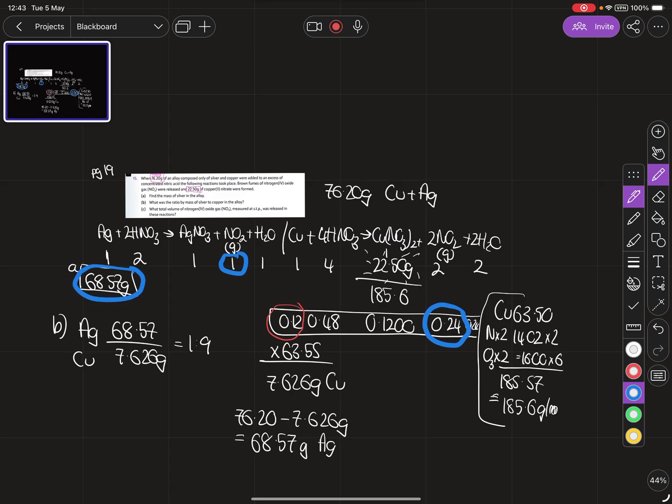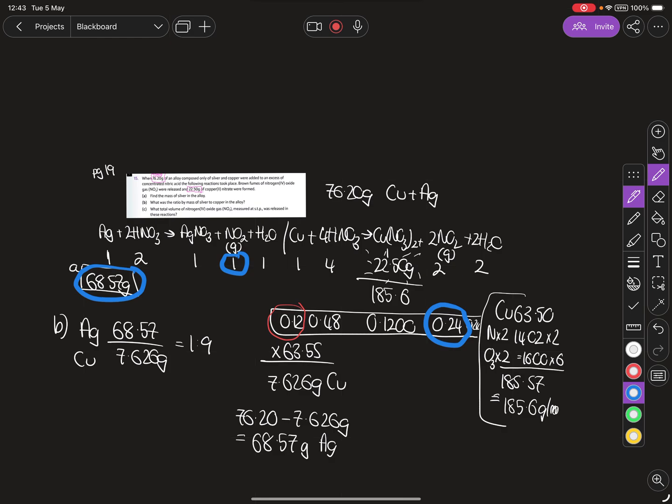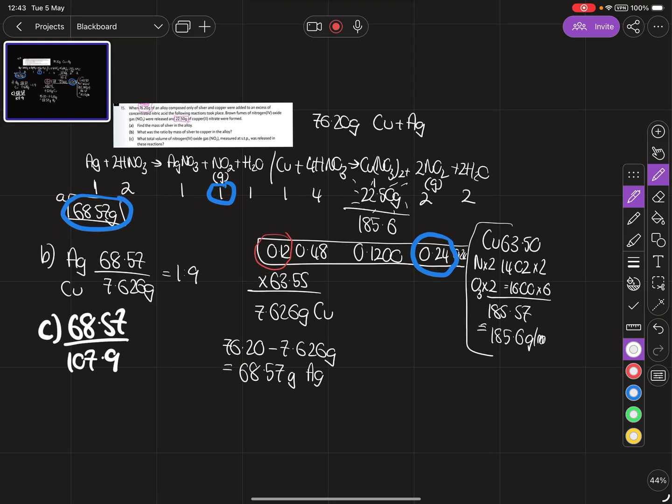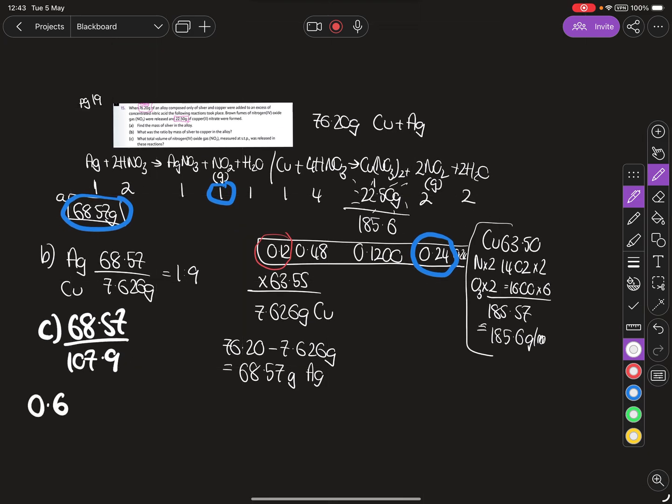So I need to turn the 68.57 into moles. So to do C, 68.57 divided by the molar mass of silver, which is 107.9. When I do that, I'm going to get 0.6355.